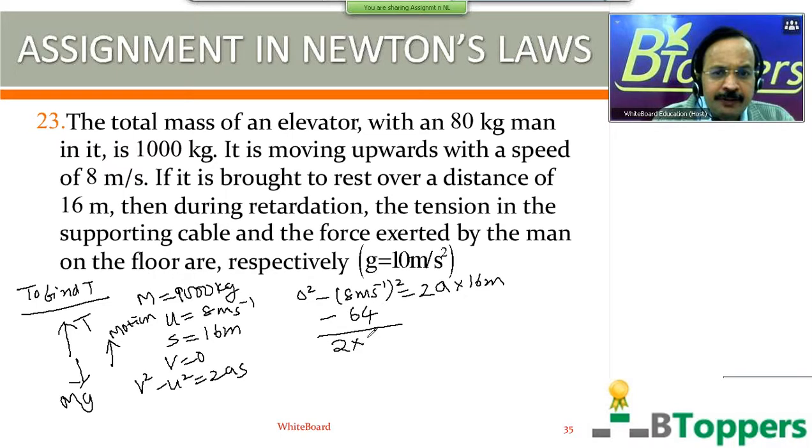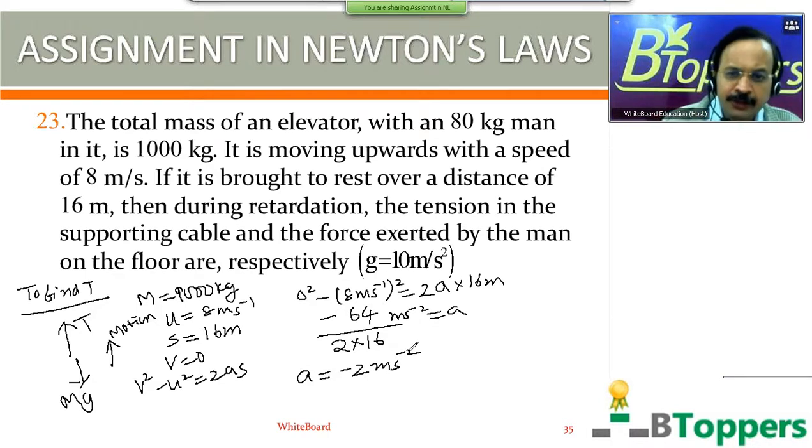So I get the acceleration from this. So you get acceleration as minus 2 meters per second squared. The negative sign indicates that it is moving with retardation.